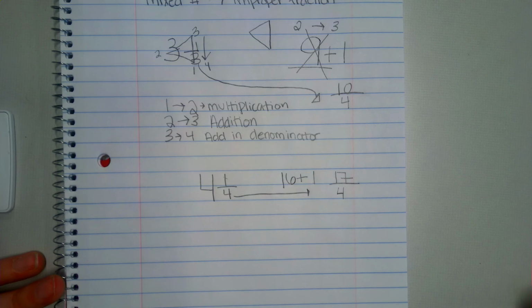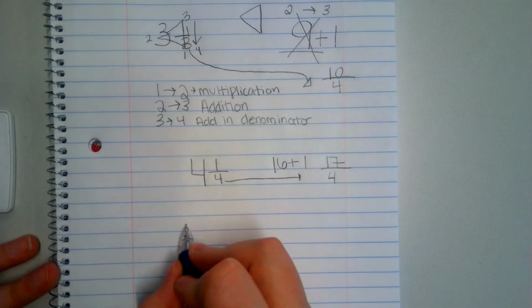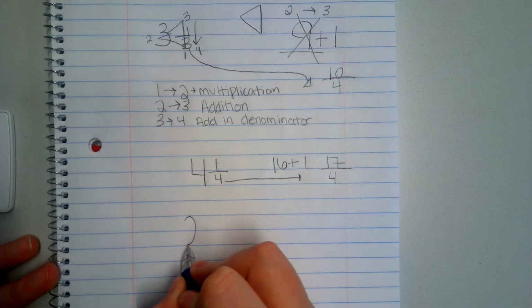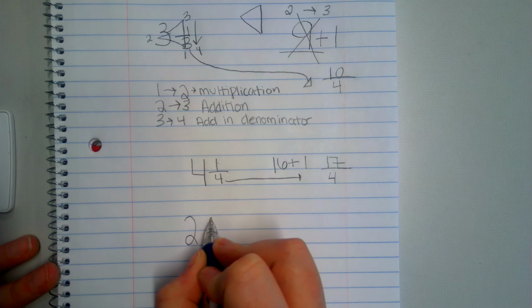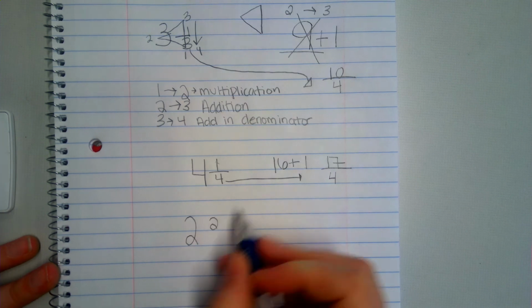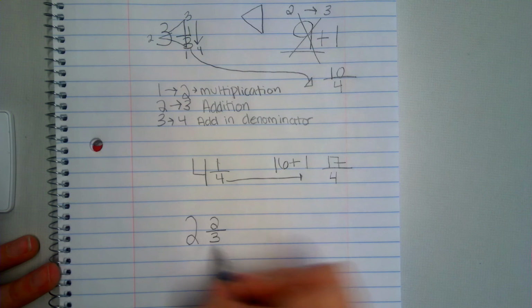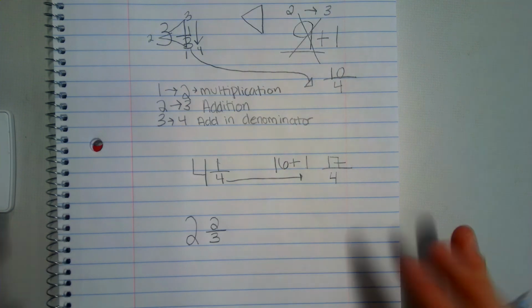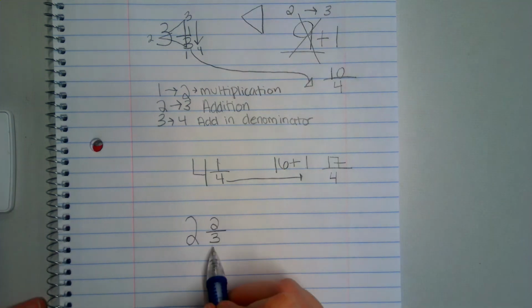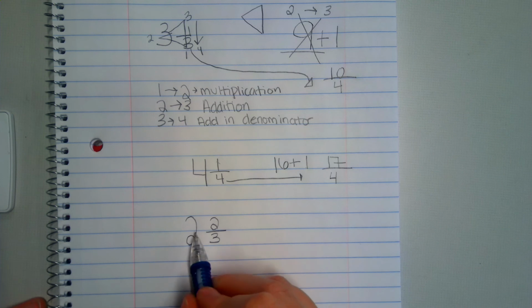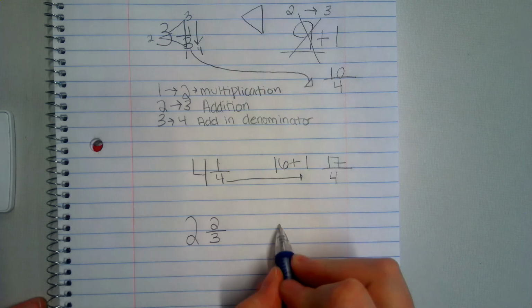Okay, now I'm going to do 2 2/3. I'm going to start with my first step down here. 3 times 2, I get 6.